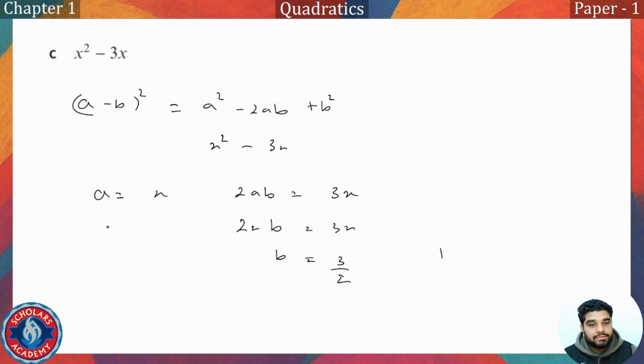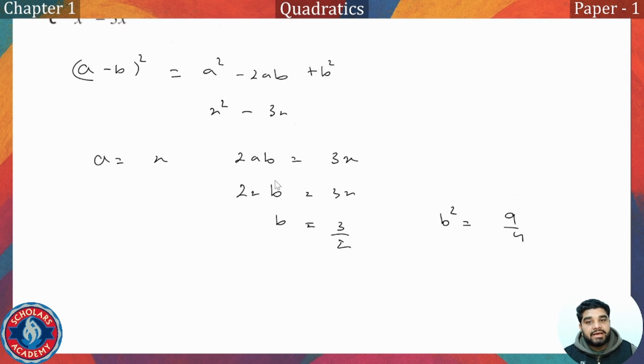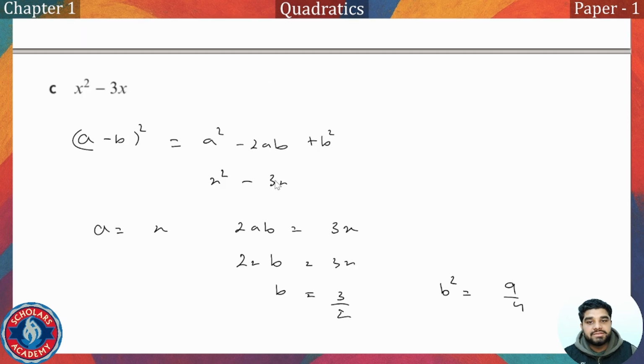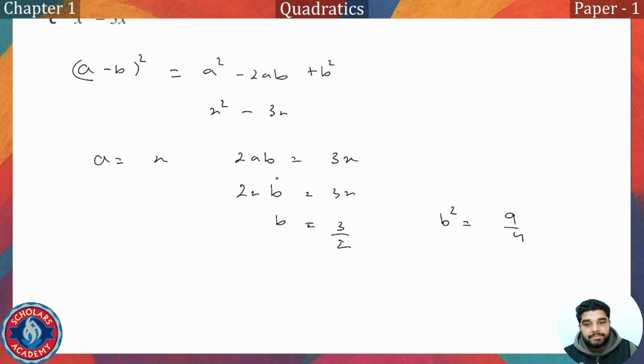If b is 3 by 2, b square will be 9 by 4. So we'll add 9 by 4 to this equation and subtract 9 by 4. So we get x square minus 3x plus 9 by 4, that is required for completing the whole square, and minus 9 by 4, that is required for keeping the equation same.